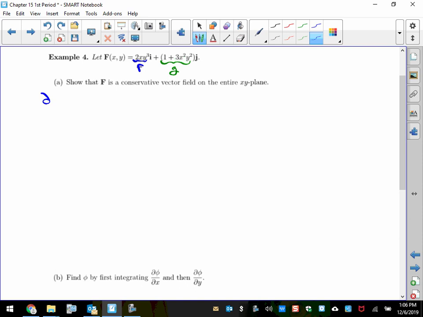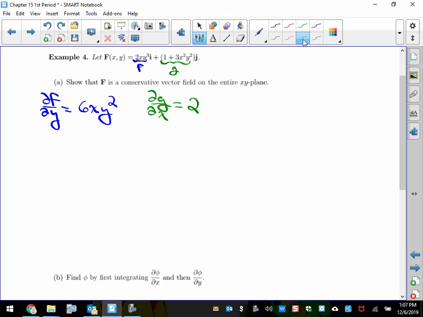So I'm labeling them here so that we know that the partial of f with respect to y is going to be 6xy. And now let's find the partial of g with respect to x. Whoops, I missed a squared on my y.